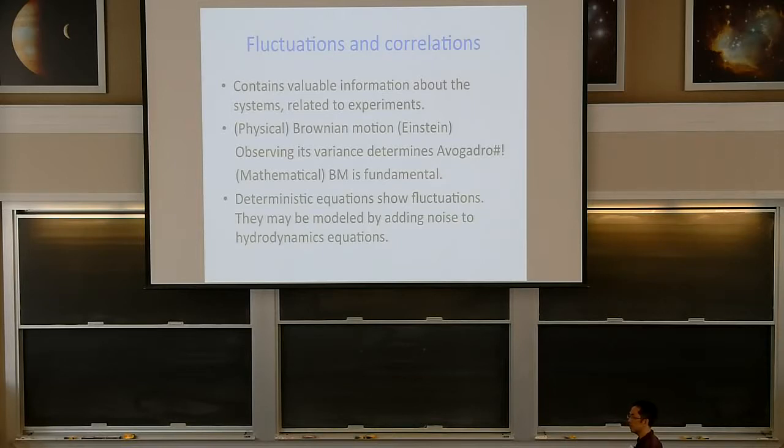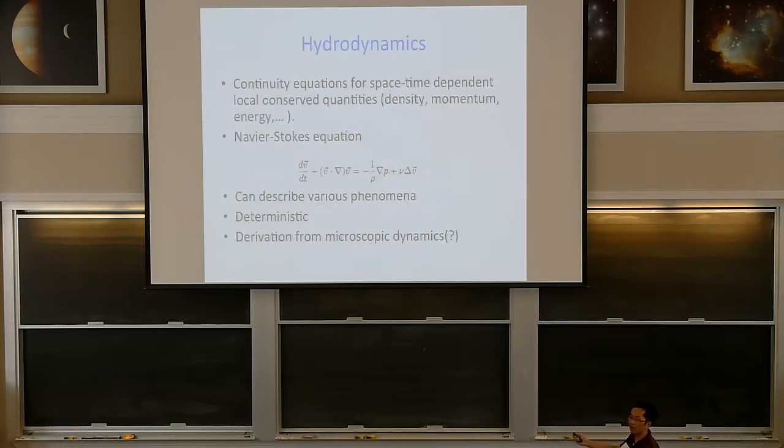So in this sense, fluctuation properties of the systems contain very, very important information about microscopic dynamics. So, of course, we want to also study them. But once we go to these hydrodynamic behaviors, such information is lost.